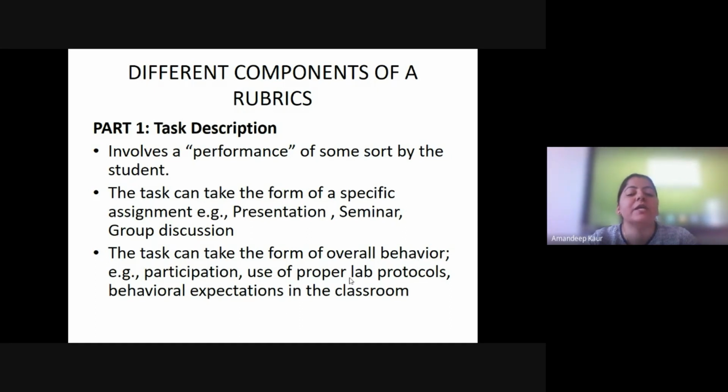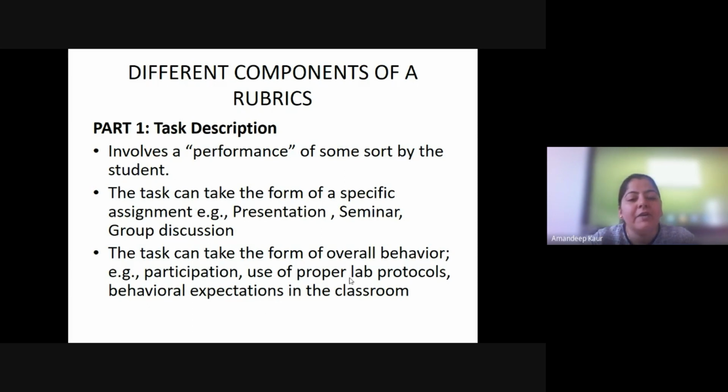Overall behavior means the cognitive, psychomotor and affective domains need to be considered by the teacher while designing any assessment criteria related to student performance. For example, if it is a laboratory environment, participation in a group, use of proper lab protocol, or behavioral expectations in that particular classroom need to be considered by the teacher.